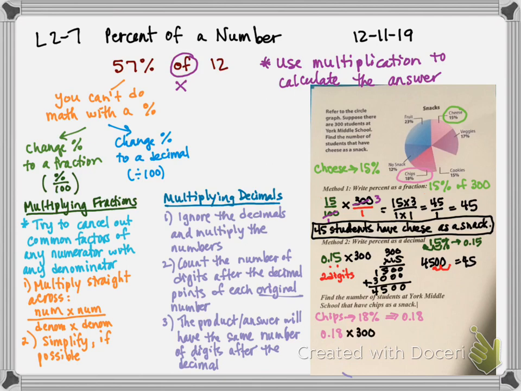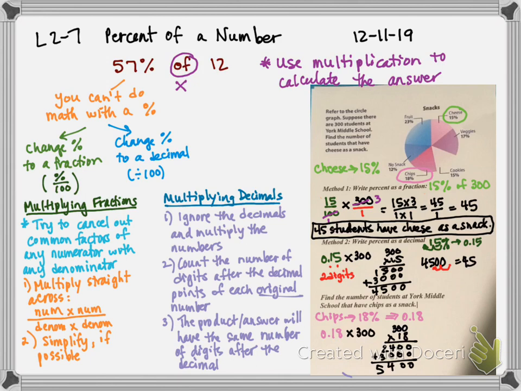So off to the side, I have 300 times 18. I get 0, 0, 24, placeholder, 0, 0, 3. When I add those together, I get 5,400.